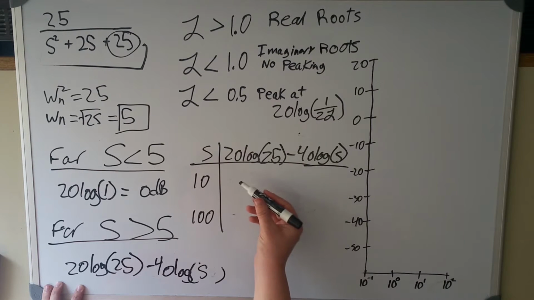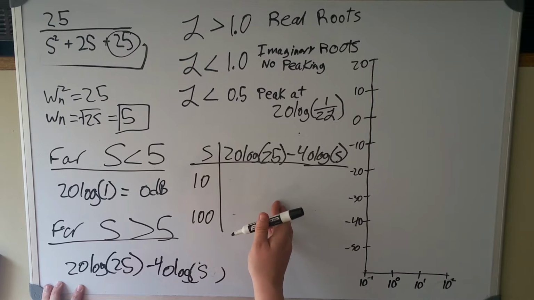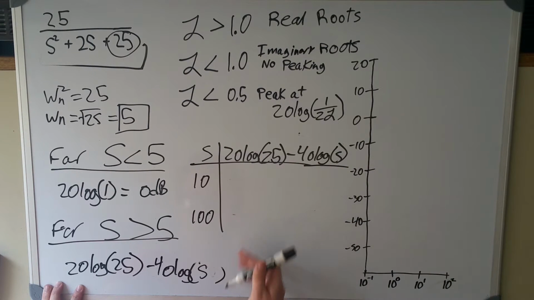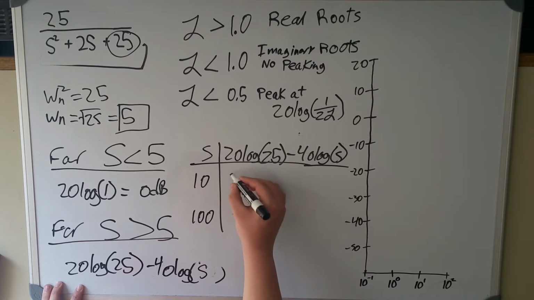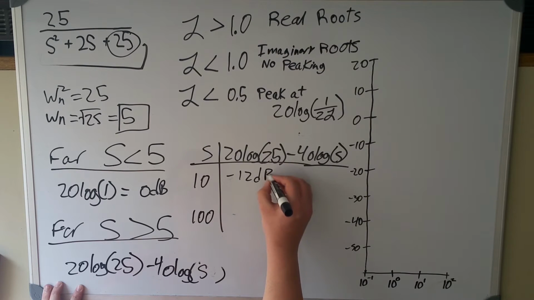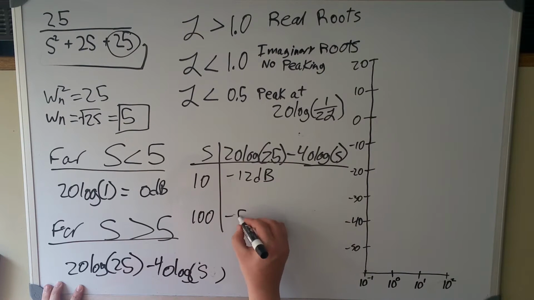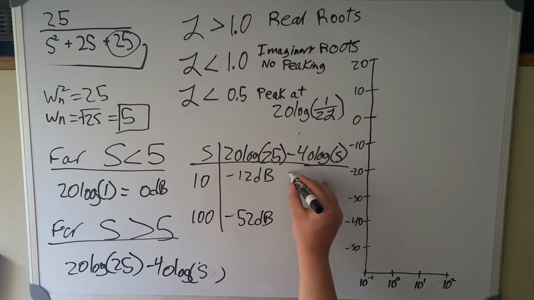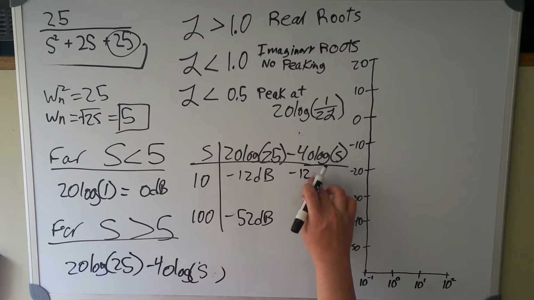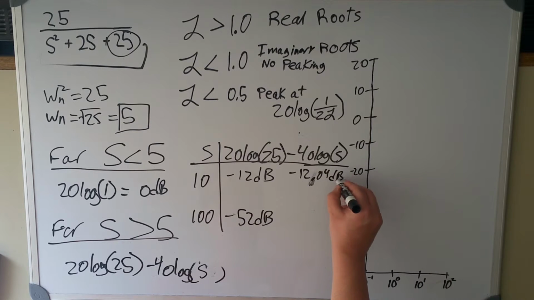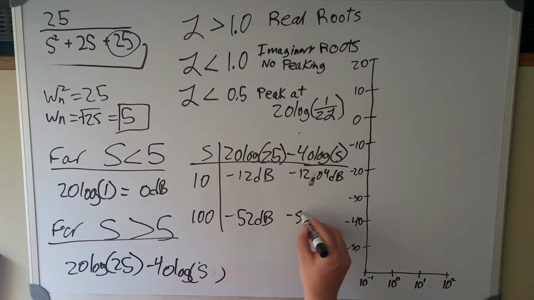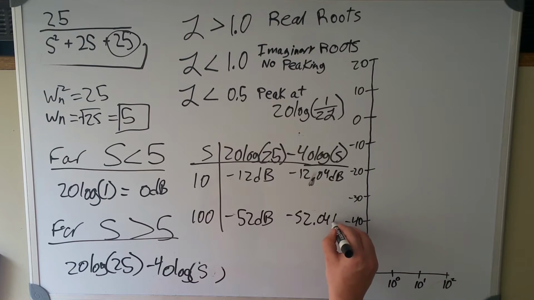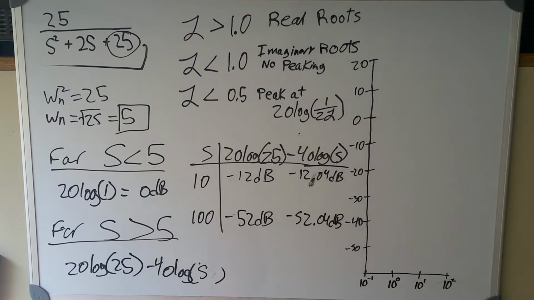When we plug these into this equation, we will evaluate them at negative 12 dB and negative 52 dB. It's important to notice that when you actually calculate these, they will come out to be negative 12.04 dB and negative 52.04 dB, some small decimal.